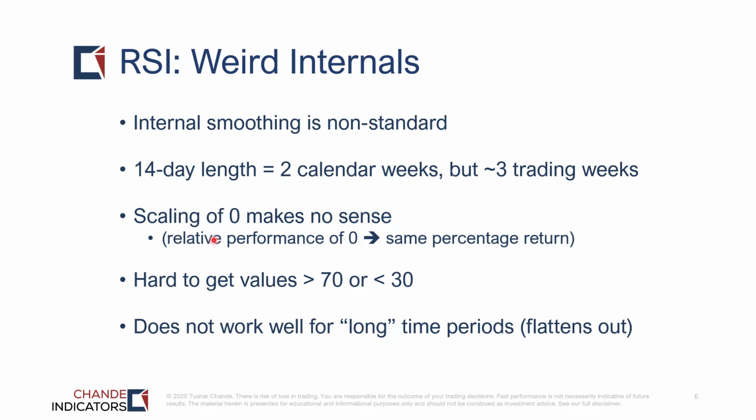The lower bound of 0 makes no sense because relative performance of 0 means the same return as something else. Because of these averages, it's really hard to get values above 70 or below 30, and it does not work well for long time periods. It just flattens out. So net, it's rather limited.